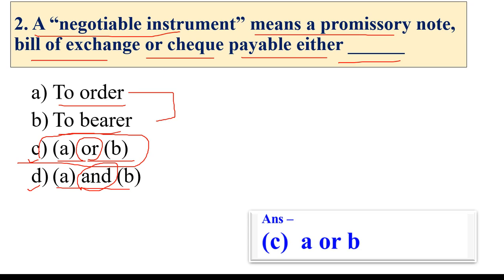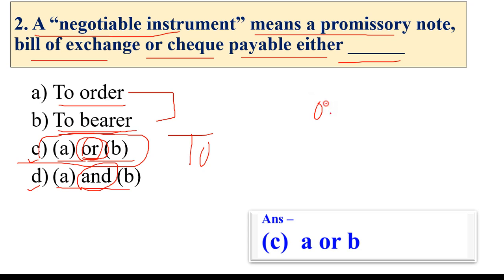A negotiable instrument means a promissory note, bill of exchange, or check payable either to order or to bearer, meaning both. A as well as B is the correct answer.